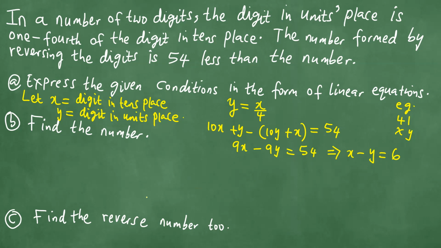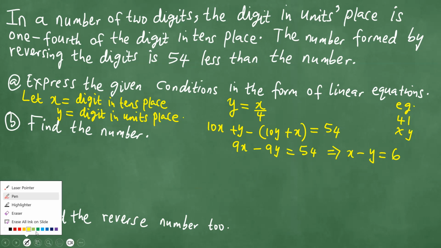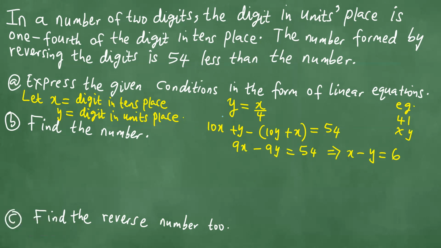So this is what we're getting. These basically become the two equations: y equals x over 4, and x minus y is equal to 6, like so.